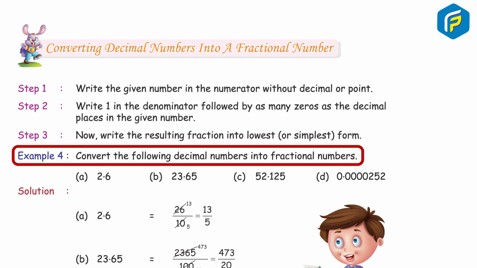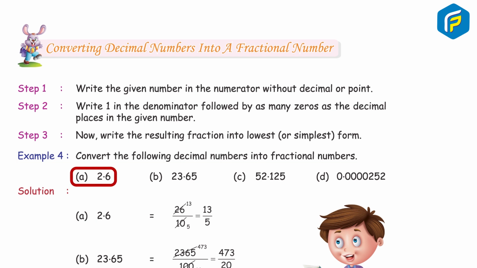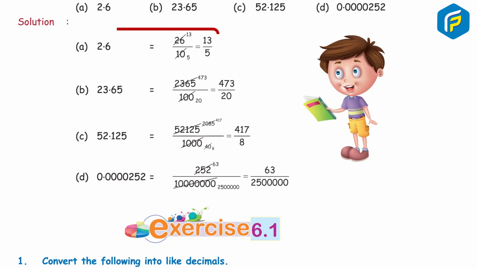Example 4. Convert the following decimal numbers into fractional numbers: A, 2.6; B, 23.65; C, 52.125; D, 0.0000252. Solution. A: 2.6 is equal to 26 upon 10, which is equal to 13 upon 5.